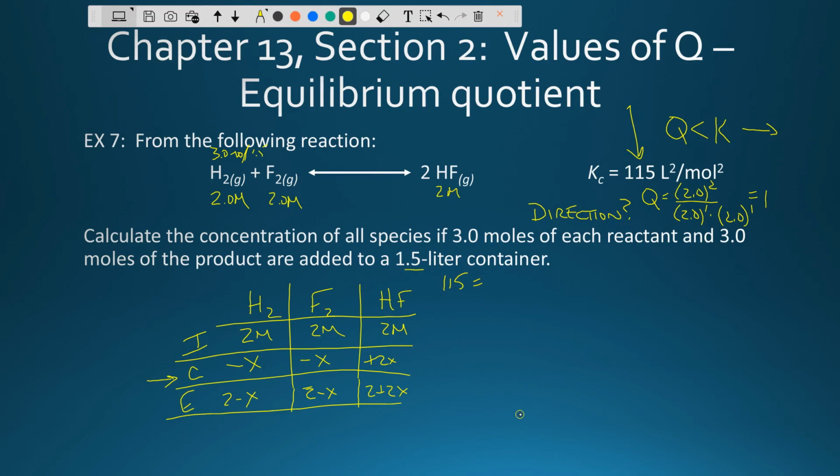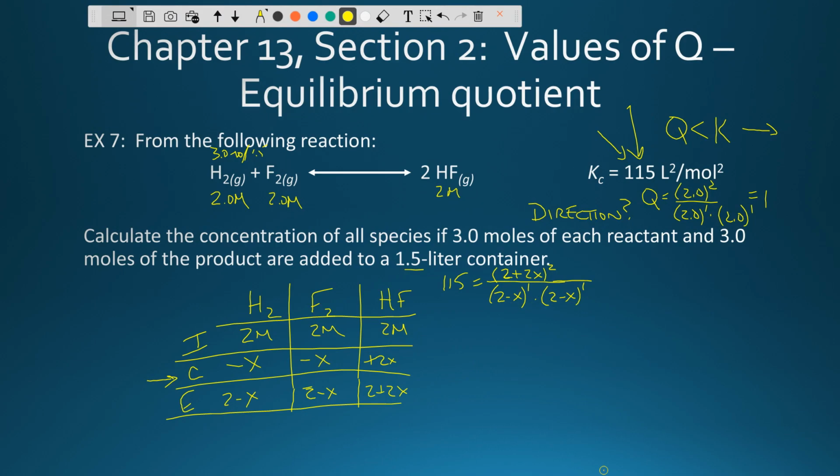That's going to equal my product side, which is 2 plus 2x. It's going to be squared over my 2 minus x to the first power times 2 minus x to the first power. Now, this is a large case, so I can't just simply eliminate those.